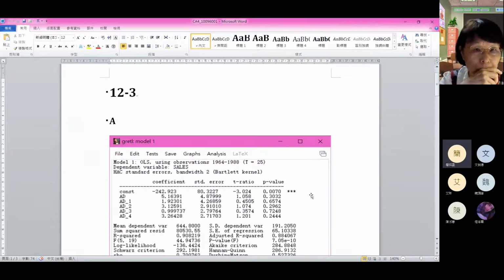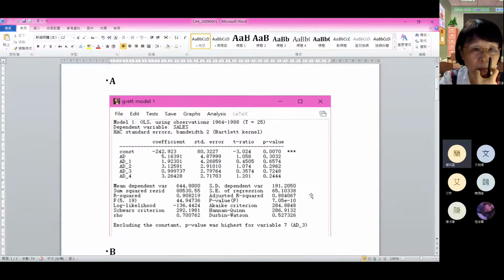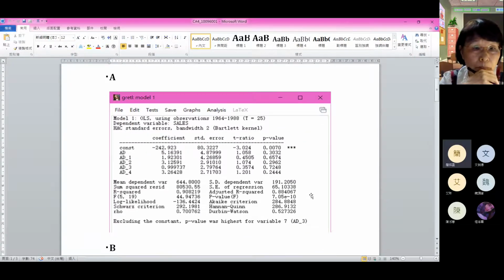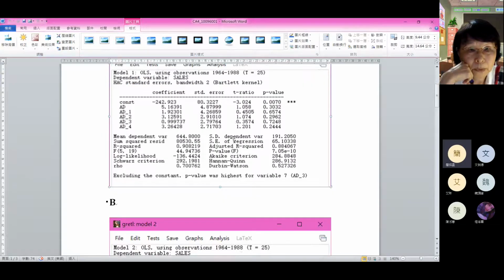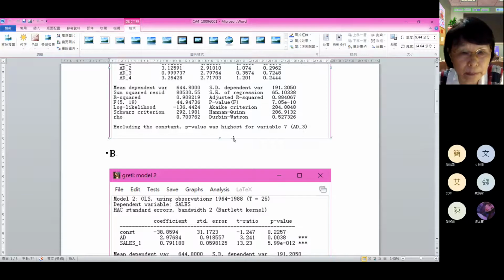In question 3, we need to have the distributed lag model with 4 lags, and this is the result. The result is not really great because, as other classmates said before, this result needs to be refined step by step. So I think this is not a great result, and it does not match the expectation.